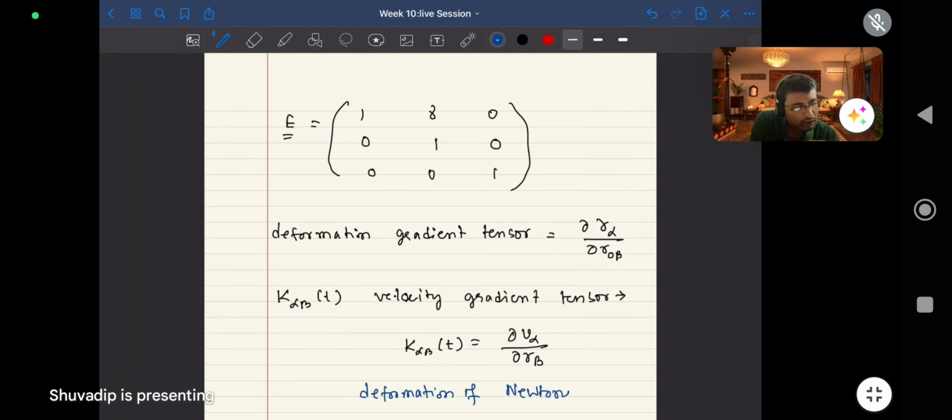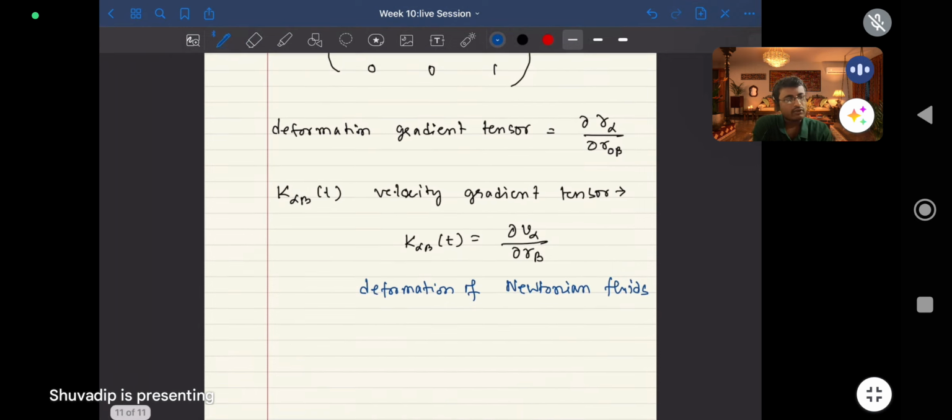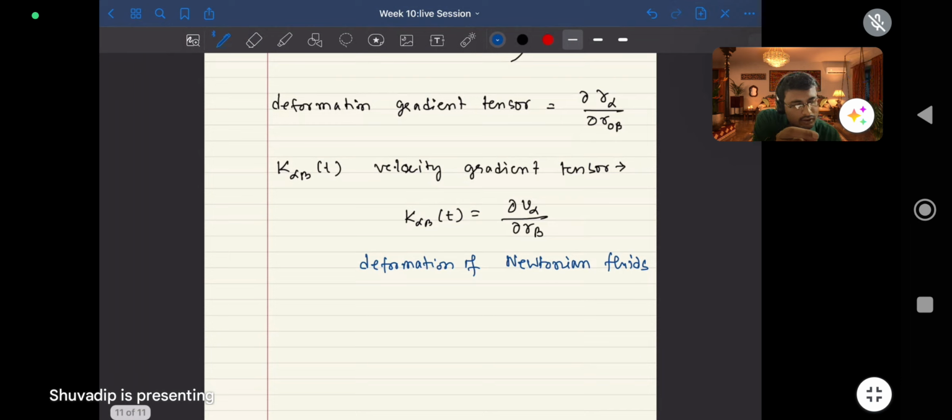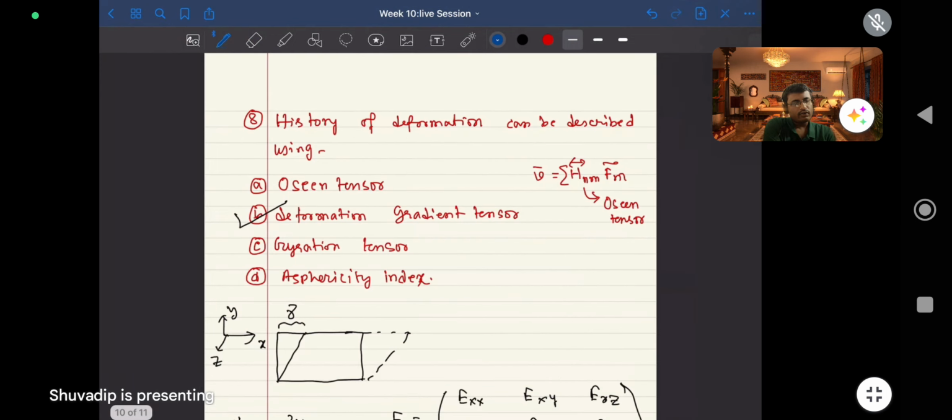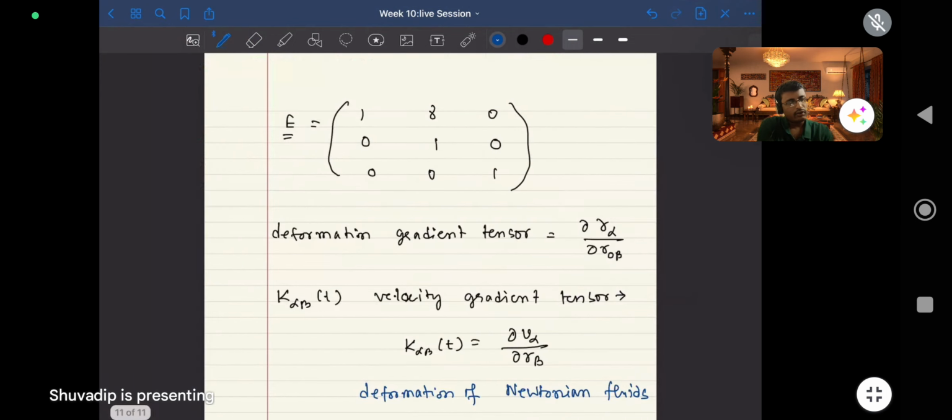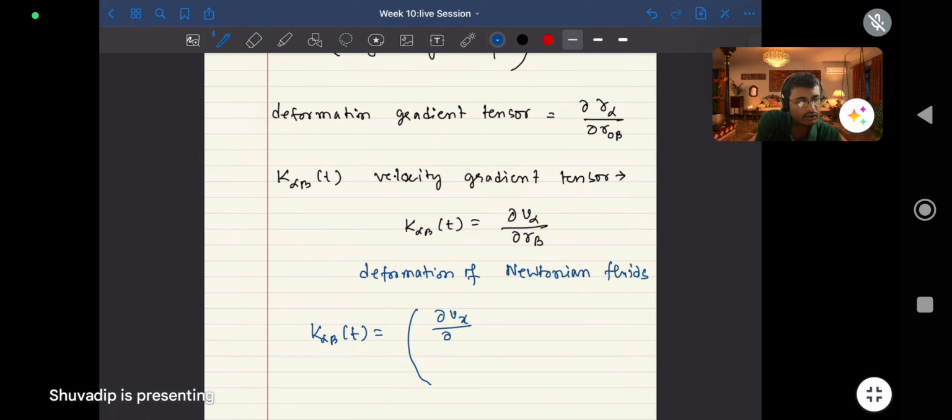Newtonian fluids. So in this case also you will get a matrix. K alpha beta t is a matrix, which is del v x del x, del v x del y, del v x del z, like this.